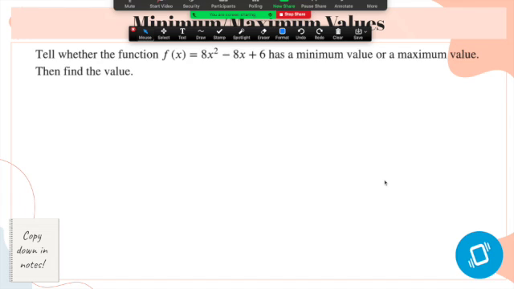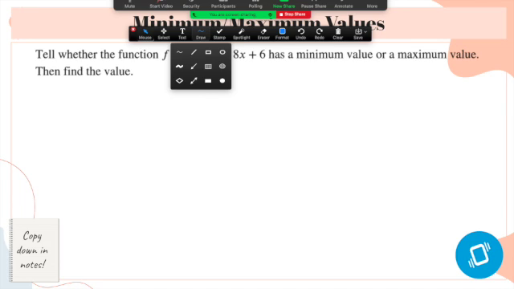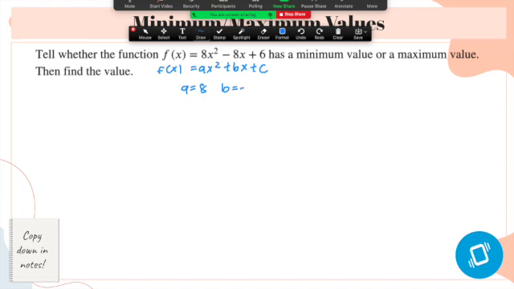Okay, so right here, let's find out what our a value is. Sorry, let me go back. Our a value here, we have ax squared plus bx plus c. a equals 8, b equals negative 8, and c equals 6.